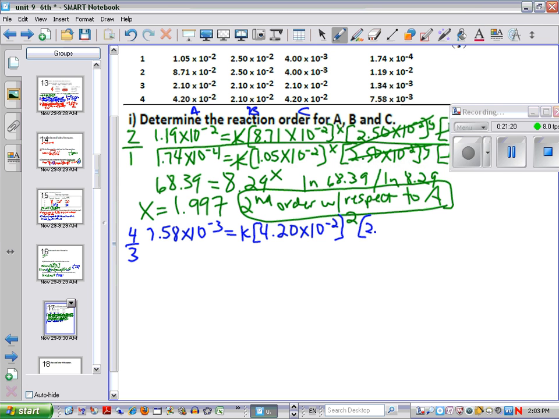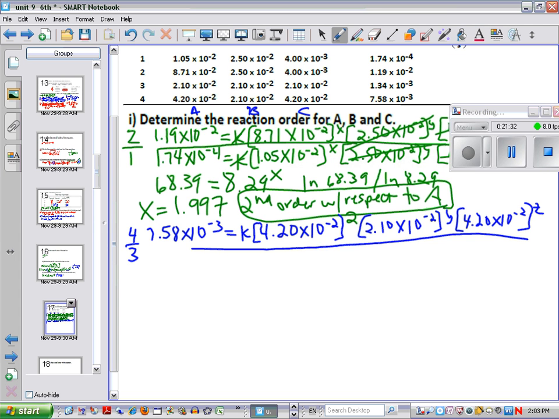Times 2.10 times 10 to the negative second to the y times 4.20 times 10 to the negative second to the z, divided by 1.34 times 10 to the negative third is equal to k times 2.10 times 10 to the negative second.